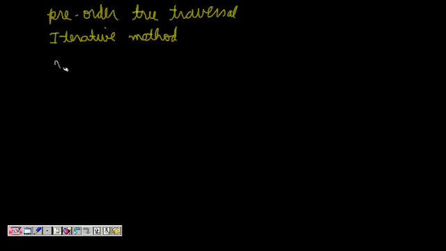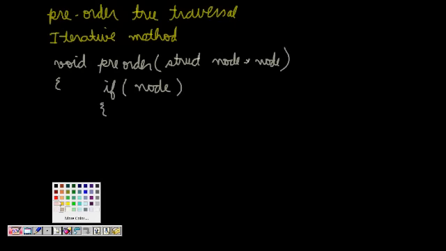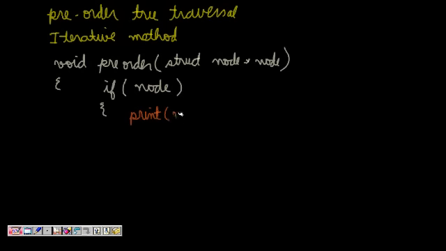So we write void pre-order, struct node star node. What we do, if node is not null, then I first print the data itself, print node data.